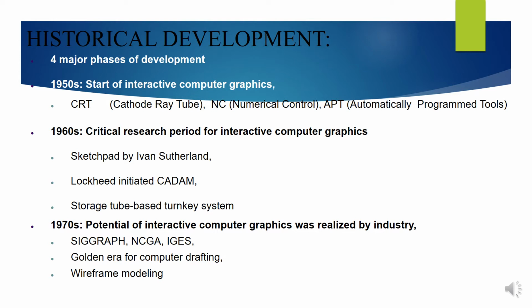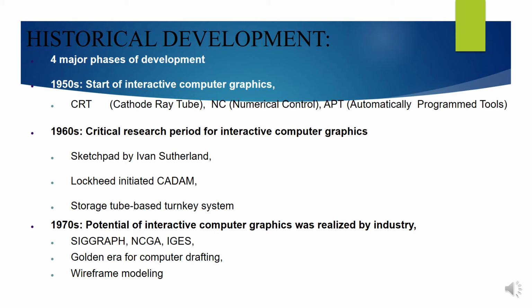The starting of CAD systems was introduced. Cathode ray tubes, numerical controls and automatic programming tools were introduced in that period. After 1960, a critical research period of interactive computers like Sketchpad, CAD/CAM, that means computer aided design and manufacturing, was initiated. Storage tube based turnkey systems were introduced in the 1960s and 1970s.